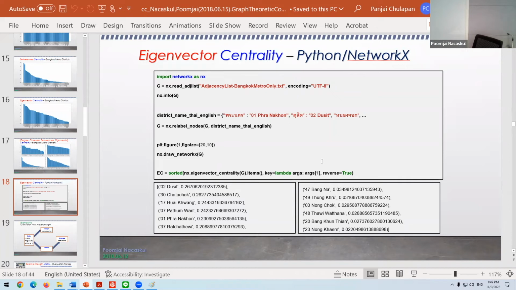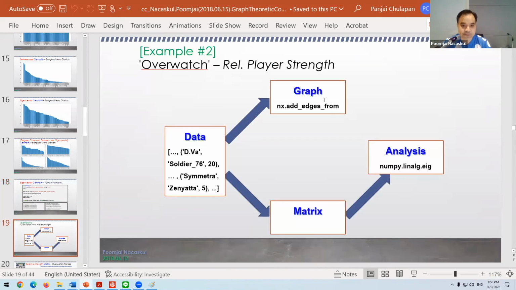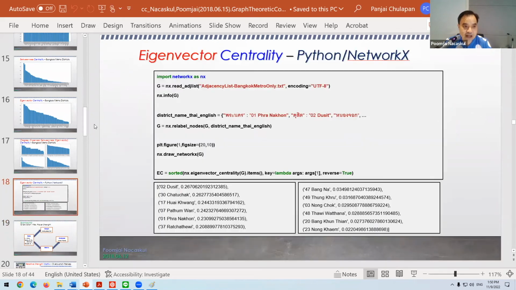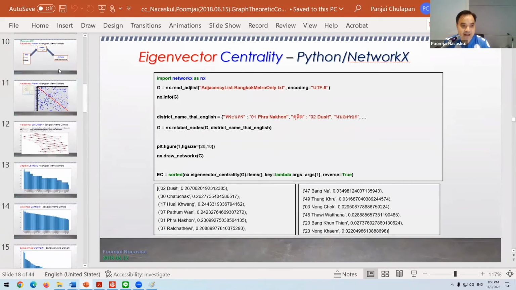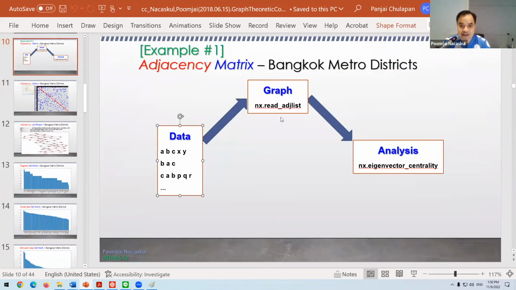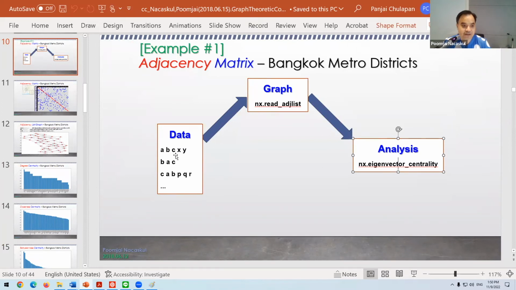For example, there's nx.eigenvector_centrality, the same thing as when we typed in eigenvector at the map. networkx is a very easy program to use. You have the data, you make the graph, and you make the analysis.